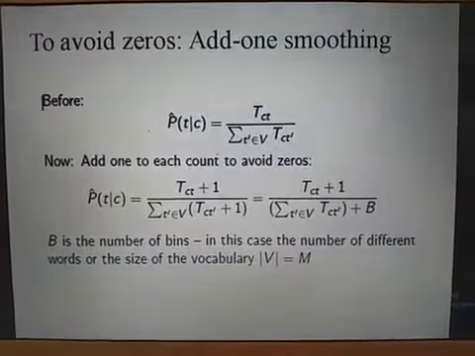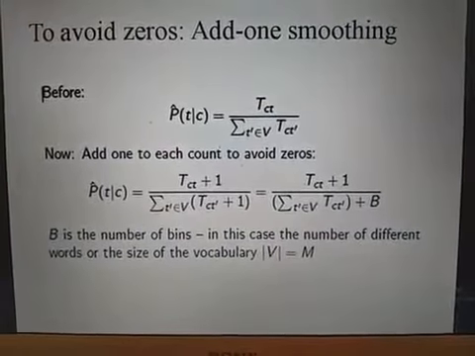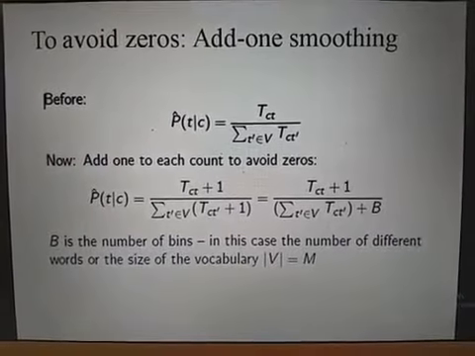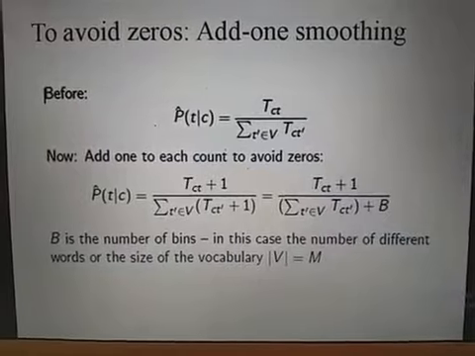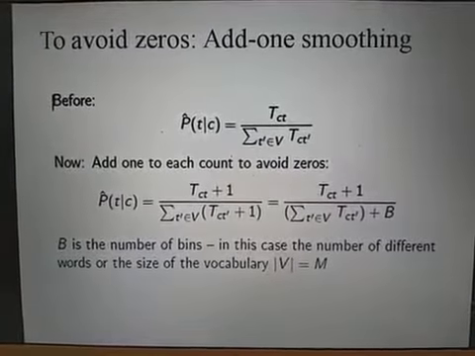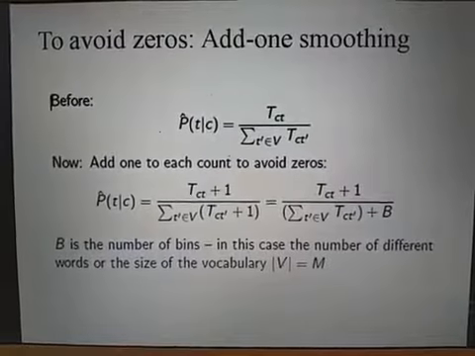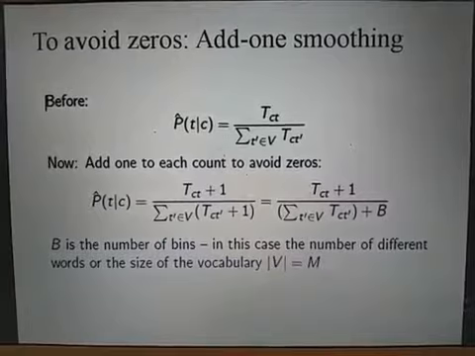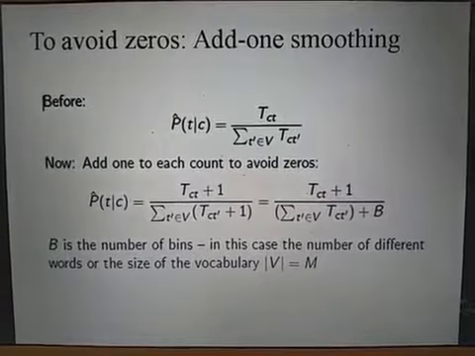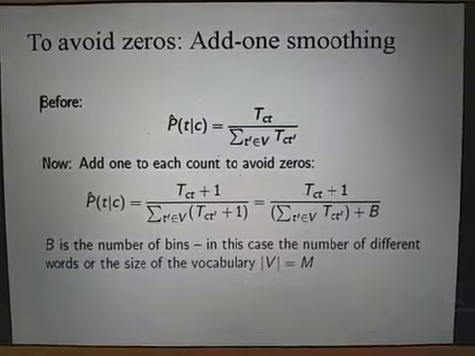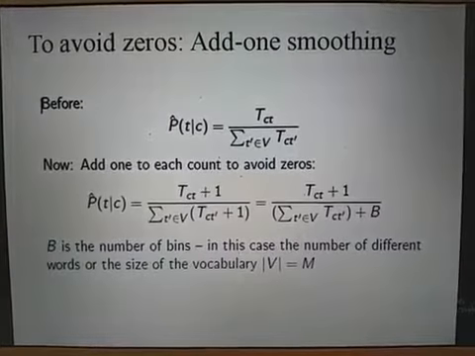So how can we avoid 0? If we get 0, it is very difficult for us to classify that particular document. So to avoid 0, we need to add 1 to make it smooth. Before processing, we add 1 in the numerator as well as in the denominator.